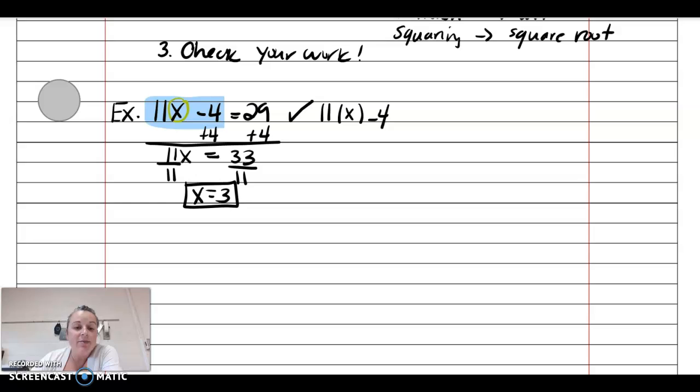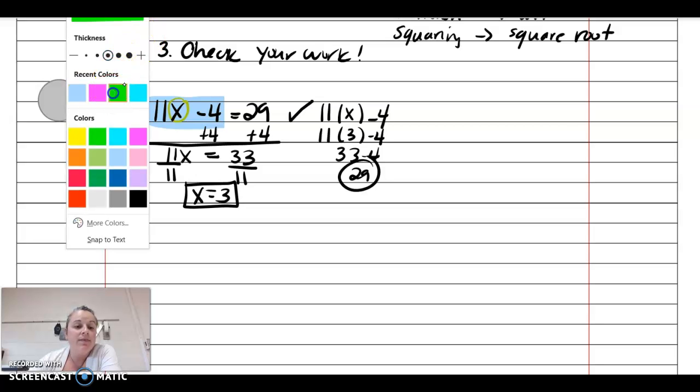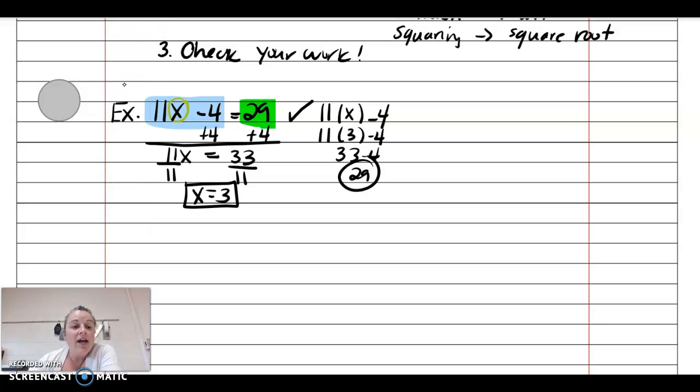So we said x has to be 3, so we're just going to put a 3 in there. 11 times 3 minus 4. What does that give us? Well, 33 minus 4 gives us 29. And then the right-hand side already is 29. So when I check that, that math's easy. Both sides have 29. We're good to go.